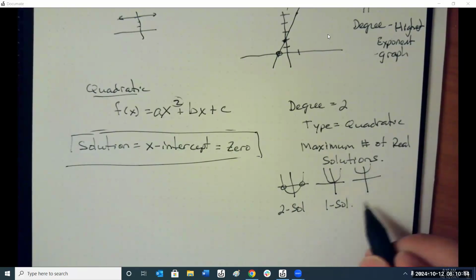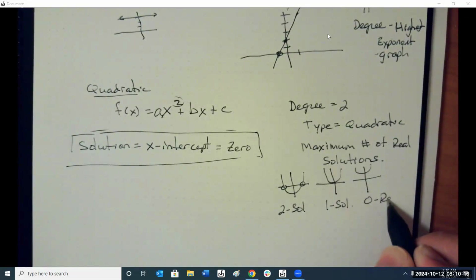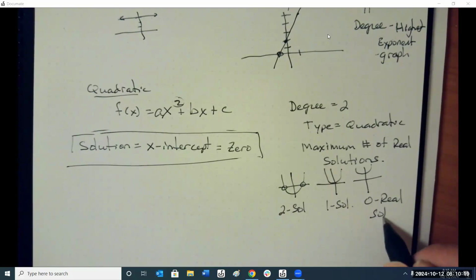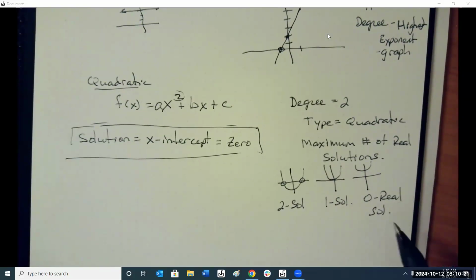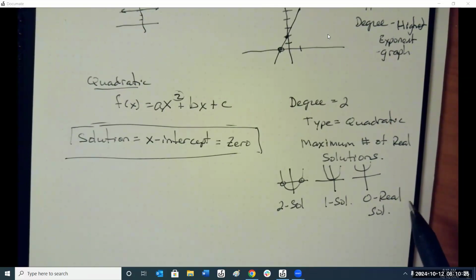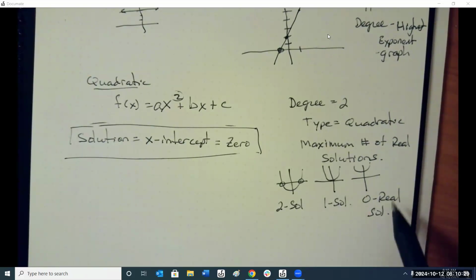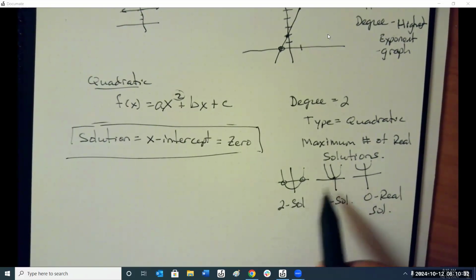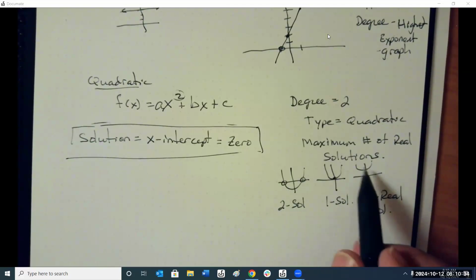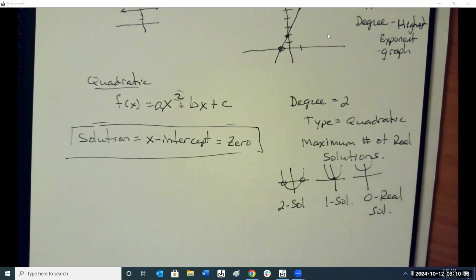Or we can have 0 real solutions. Because if your function has an imaginary term, it will look like this. It won't be real. Real means it has an x-intercept. Imaginary means it's somewhere off the x-axis, so we can't do anything with it.